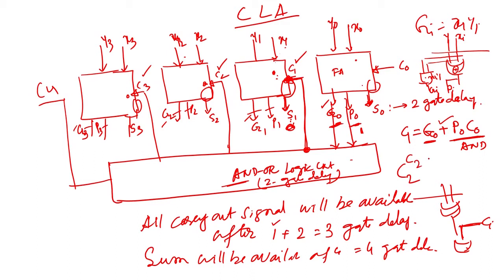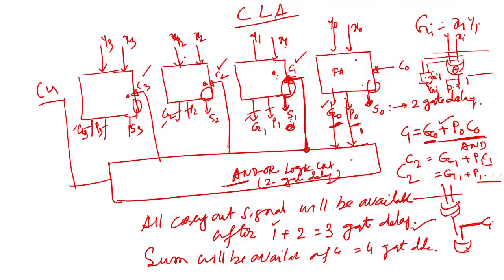Similarly, C2 is G1 plus P1 C1, and you can directly put C1 here. That will also be a sum of products, so this also has an AND gate and OR gate, an AND OR logic. So, it will take 2 gate delays, and therefore all carries will be generated after 3 gate delays.